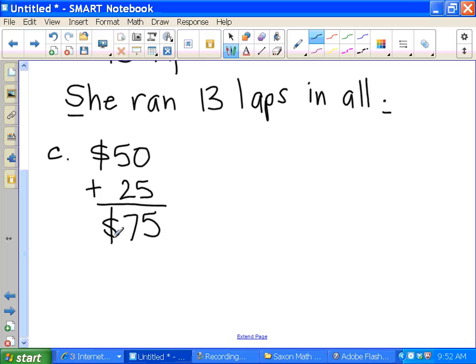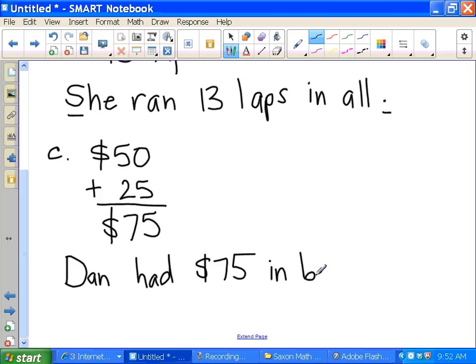What's the first word in that question? How. Here we go. How much play money did Dan have in both pockets? What should I start with? Dan had $75 in, we could say both pockets, and then what? Period. I've got my capital, my period, and the correct answer, and everything is spelled correctly.